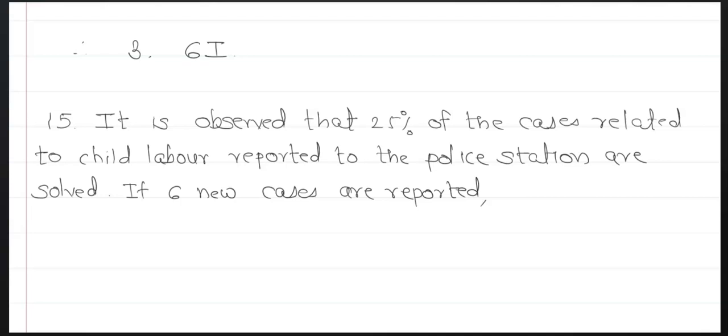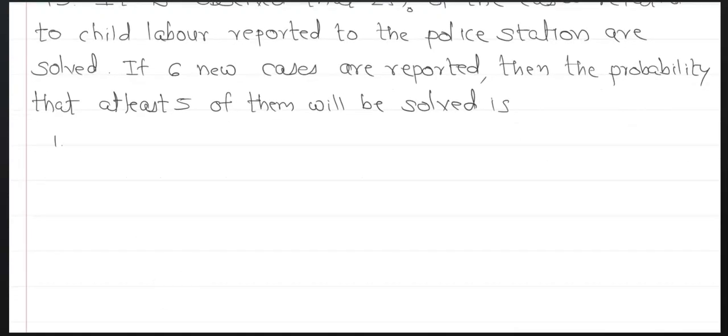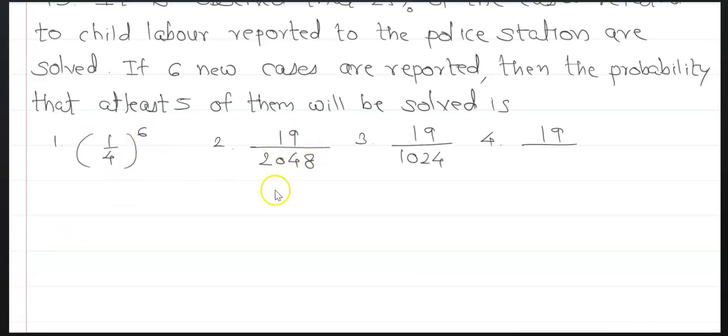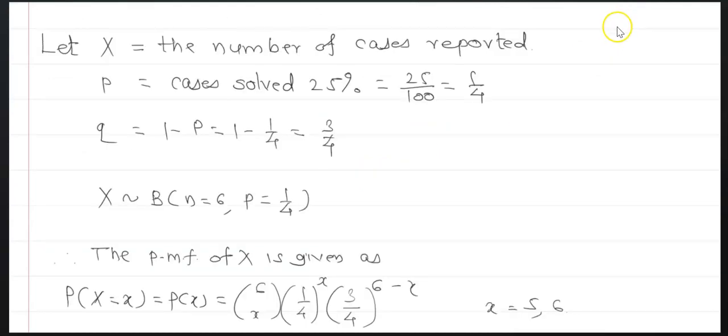If 6 new cases are reported, then the probability that at least 5 of them will be solved is: 1 upon 4 raised to 6, 19 upon 2048, 19 upon 1024, 19 upon 4096.